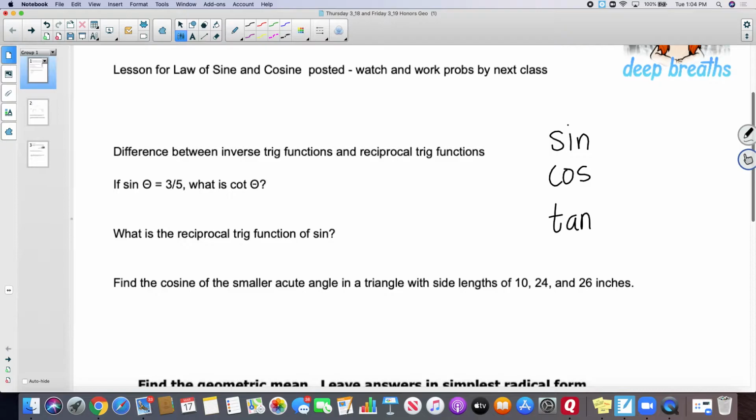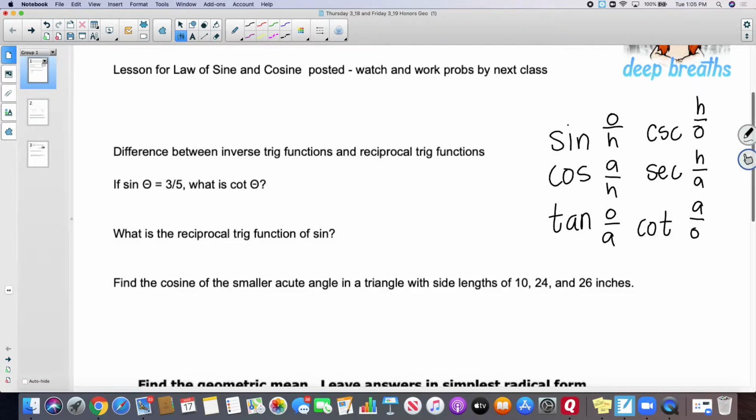So if sine is opposite over hypotenuse, cosine is adjacent over hypotenuse, and tangent is opposite over adjacent, then our reciprocal trig functions are where we take those and flip them over. And so the reciprocal trig functions are cosecant, secant, and cotangent. So cosecant is hypotenuse over opposite, secant is hypotenuse over adjacent, and cotangent is adjacent over opposite.